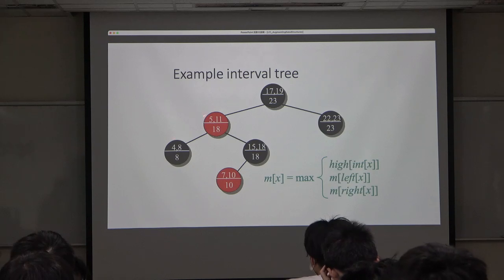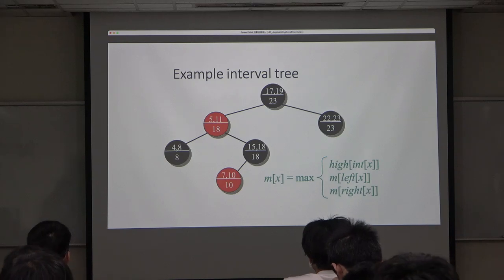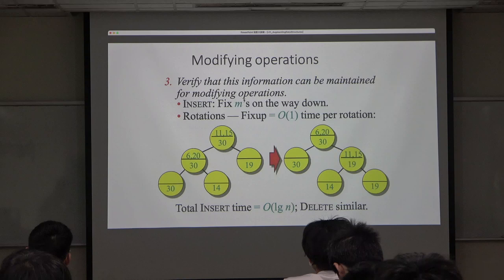So it's 4, 5, 7, 15, 17, 22. The order is determined by the left endpoint in this binary search tree.